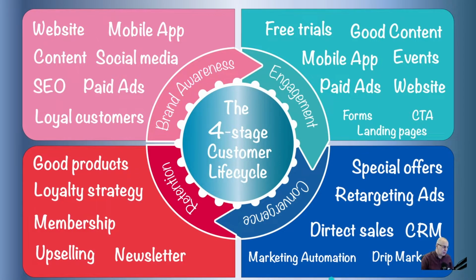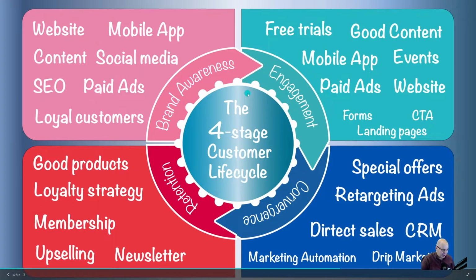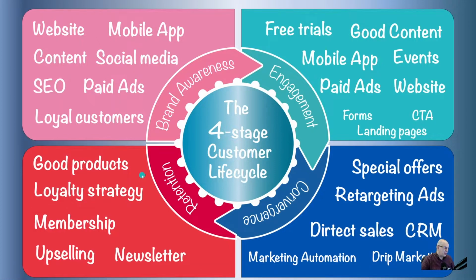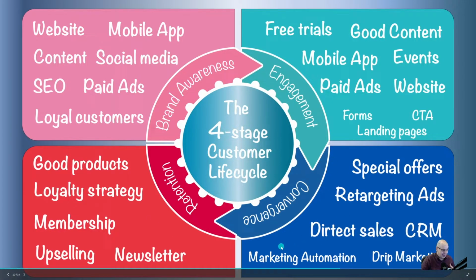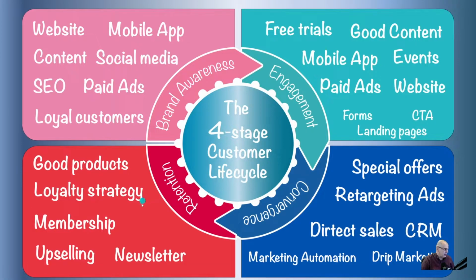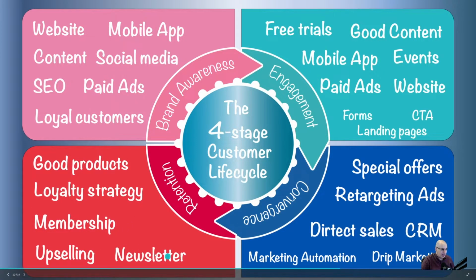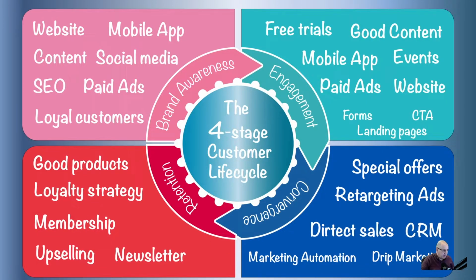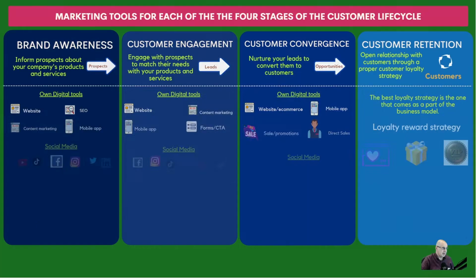So what can fuel your marketing machine is a lot of investment in marketing, but if you have good products, then the marketing machine can continue to self-sustain its efficiency. It will be an efficient machine. Great. So customer loyalty strategy, membership, upselling, newsletters, etc. So I hope you like this slide because it gives you an idea about specific marketing tools we use in each of the 4 stages of the customer life cycle.